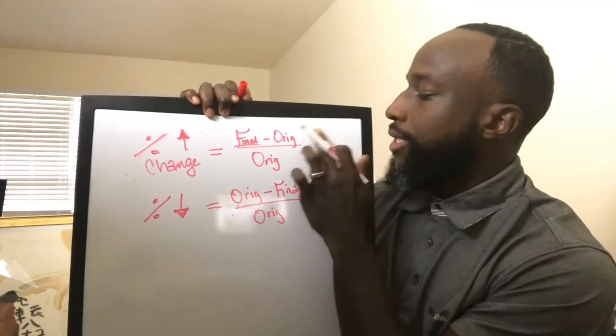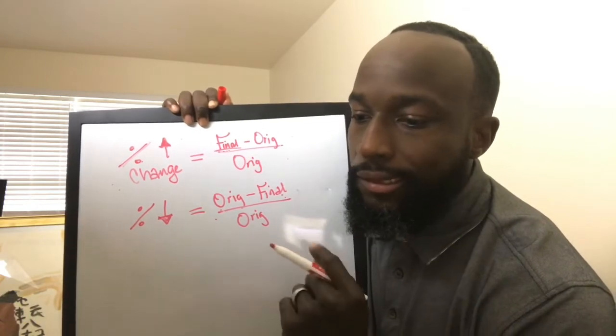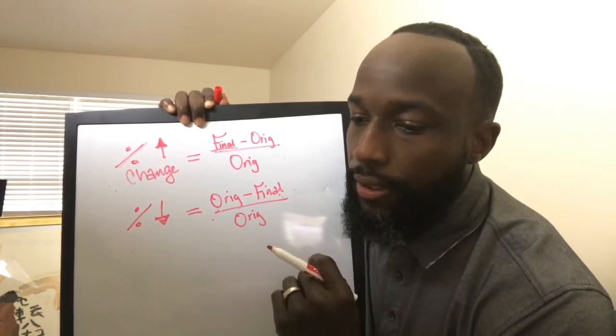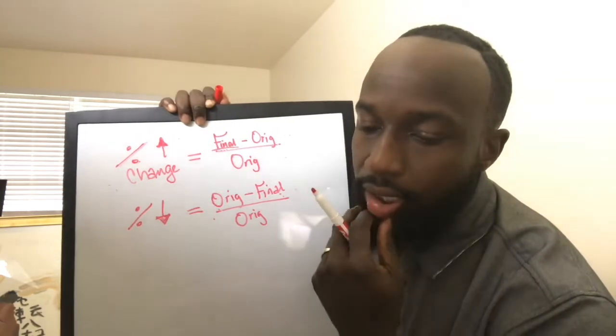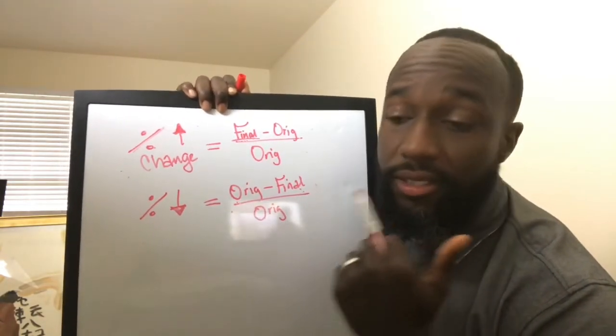All right, so let's calculate one of these. Percent increase, percent decrease. In 2000, the world population was approximately 6 billion.